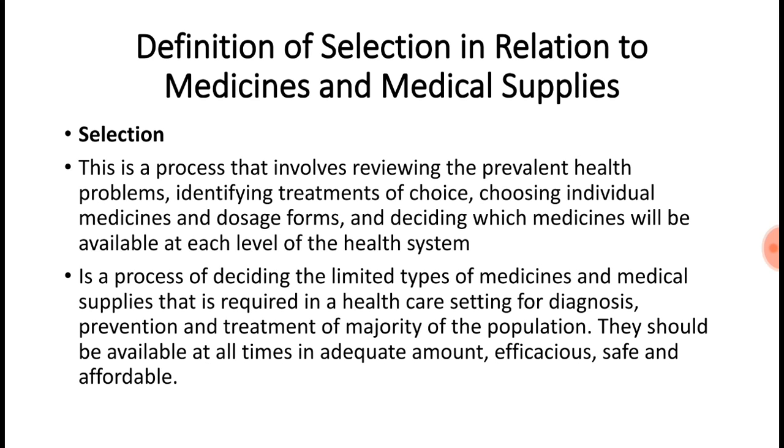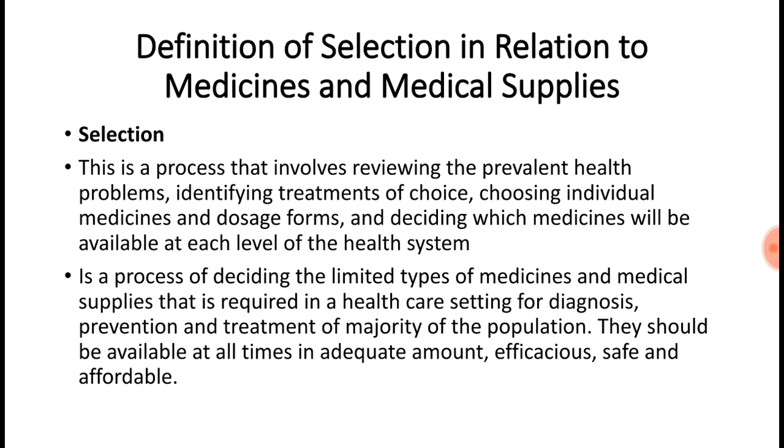Kuna selection criteria ambazo zinatuongoza kuangalia ni dawa gani kati ya hizi nyingi zilizopo katika soko ambazo itafaa kwa ajili ya matibabu ya malaria kama treatment of choice. Lakini sio hapo tu, lakini pia tunaenda mpaka kwenye dosage form. Ni dawa fulani ambayo inatumika kwa ajili ya let's say matibabu ya minyoo, labda ni albendazole.